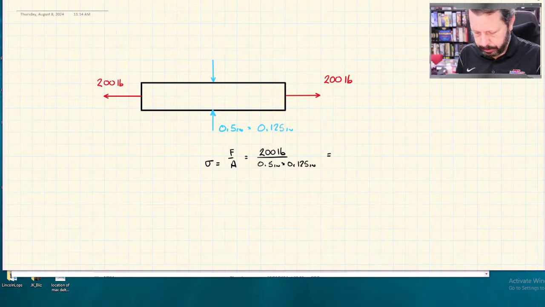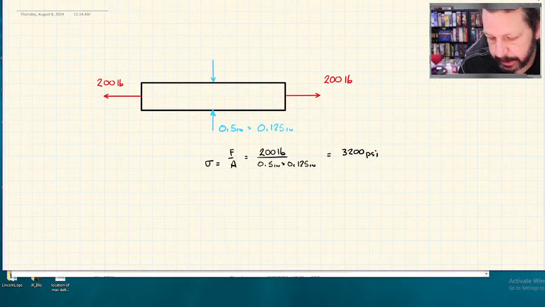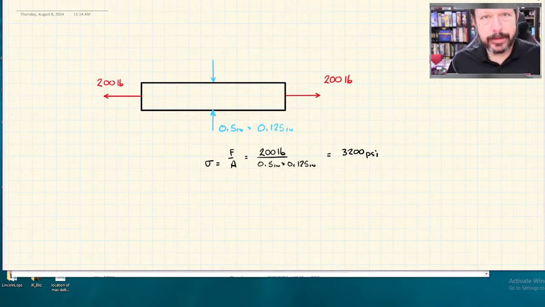200 divided by 0.5 and 0.125. So like 3,200 psi. And this stress is the well-developed stress in the middle of the bar somewhere.